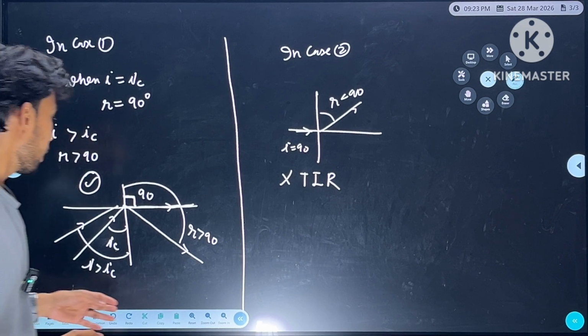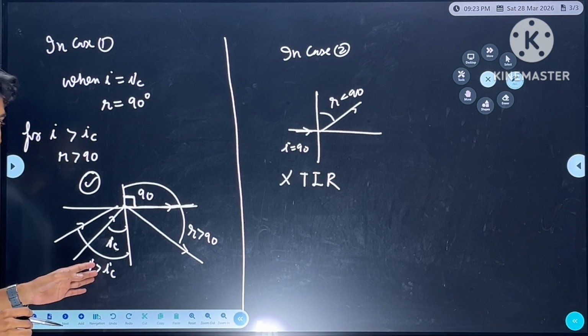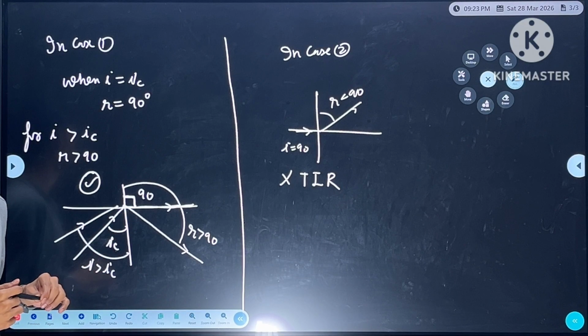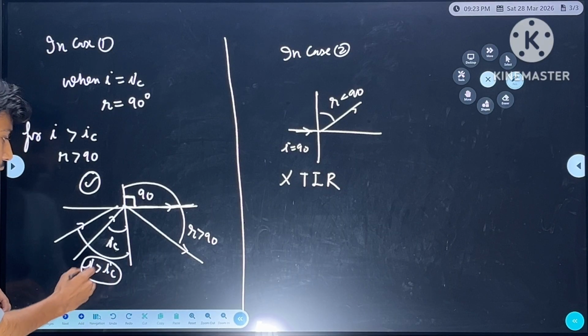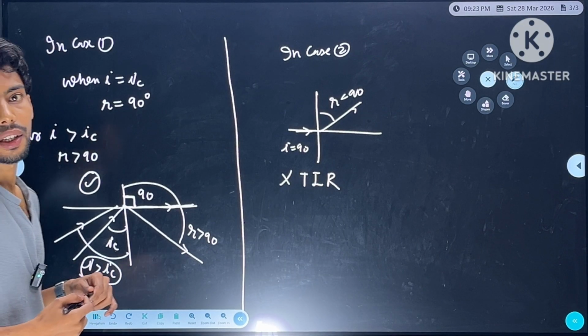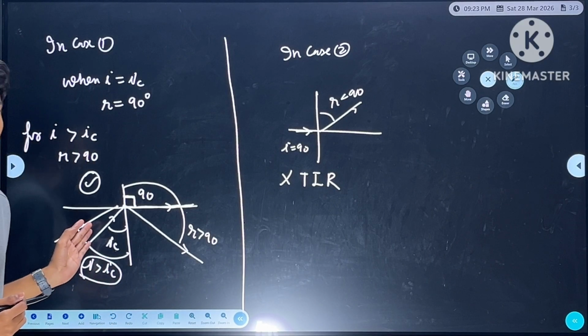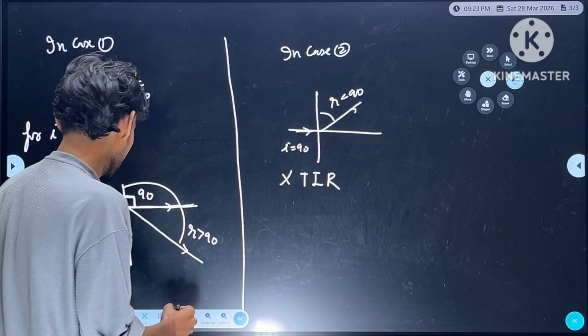Okay. So what is the condition for TIR? From here you concluded the first condition, that the light ray should be incident from denser medium to rarer medium. What should be the second condition? If I is less than IC, then R is of course less than 90 degree. Less than 90 degree means no TIR. As soon as I becomes greater than IC, TIR happens. So these are the two necessary conditions for TIR.